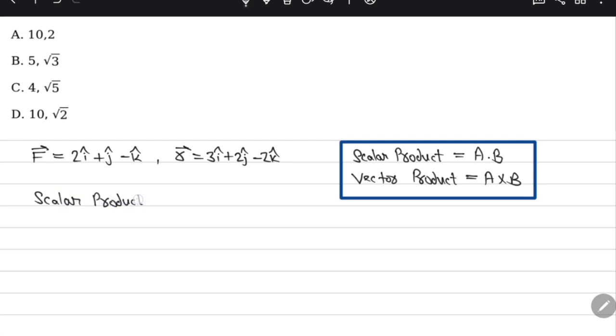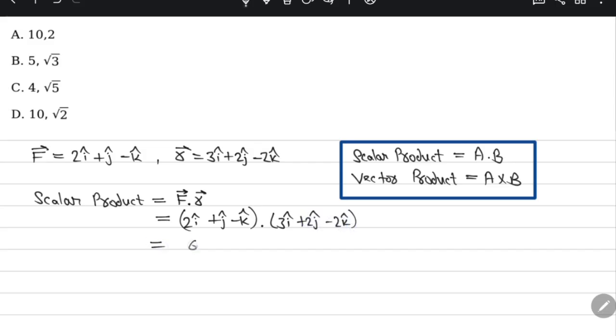Scalar product is basically F vector dot R vector. So this is the dot product of 2I cap plus J cap minus K cap with 3I cap plus 2J cap minus 2K cap.